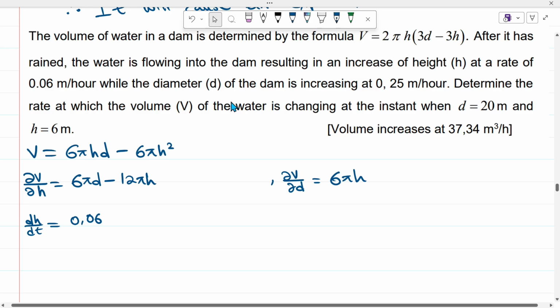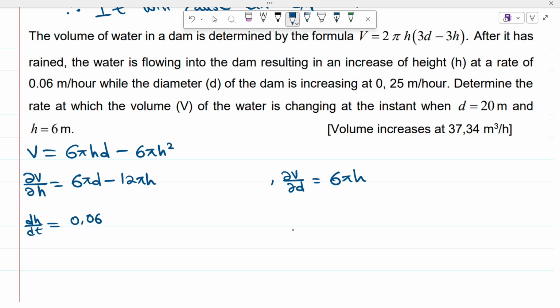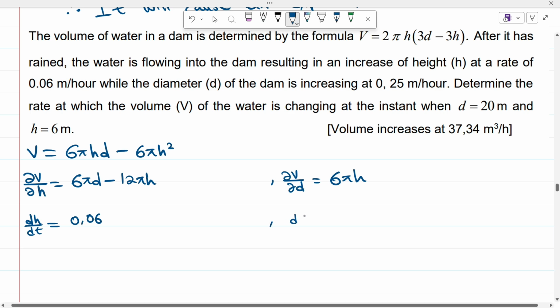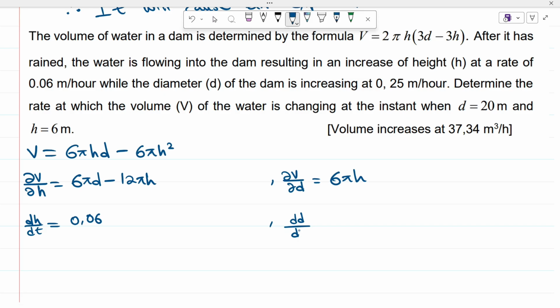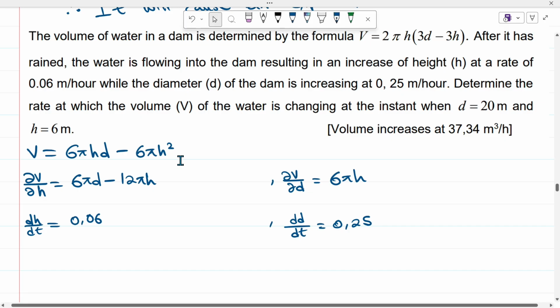And then the rate at which the diameter increases with time is equivalent to 0.25. So now we can just substitute, right?